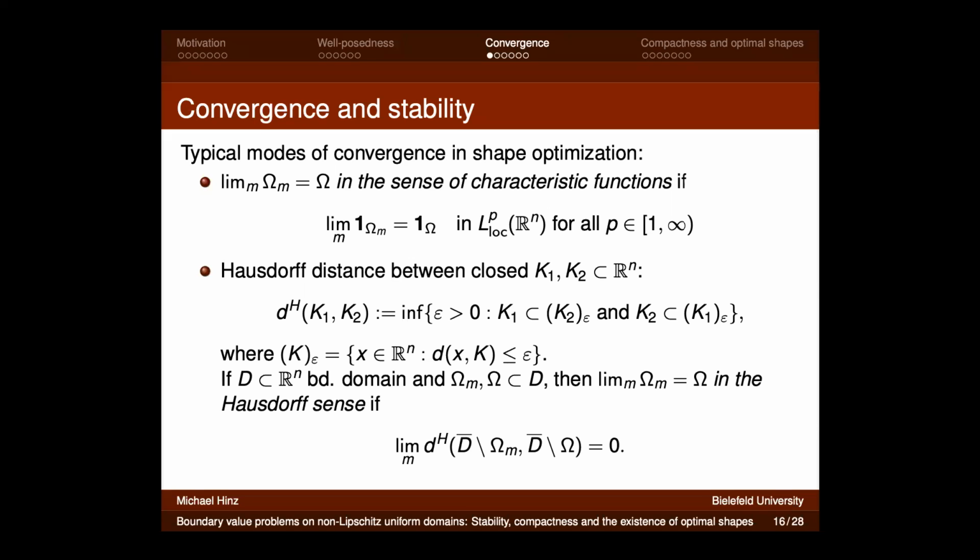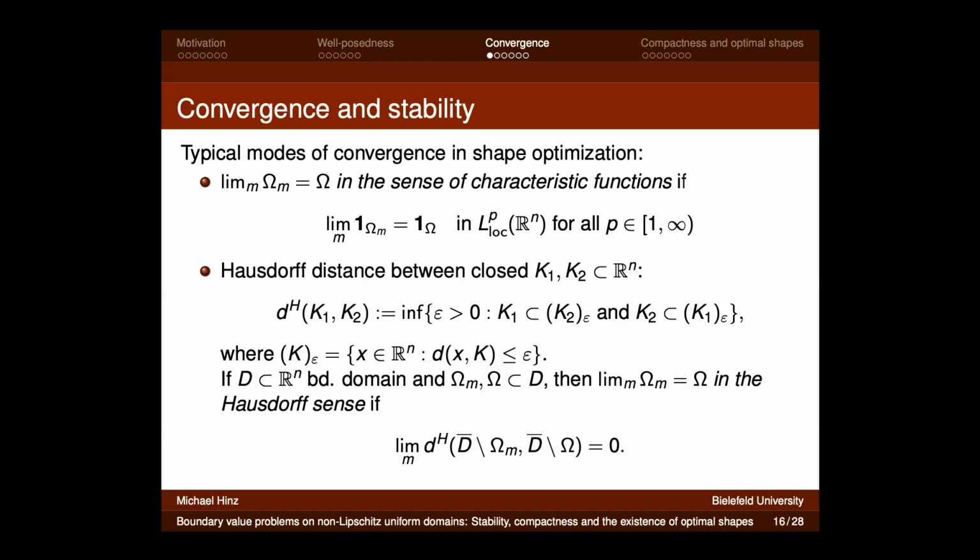We say a sequence of domains omega n converges to domain omega in the sense of characteristic functions if the characteristic functions, the indicator functions of these sets, converge in L^p locally for all reasonable p. Then there's another mode of convergence, which is convergence in the Hausdorff sense.